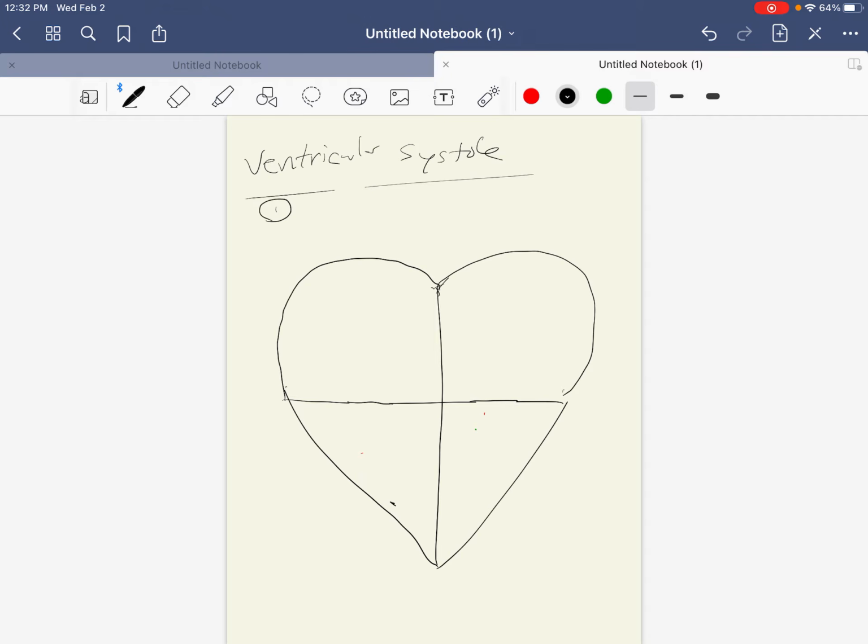The first part of ventricular systole is isovolumetric. What this means is that there's going to be no movement of blood and all 4 valves are closed.